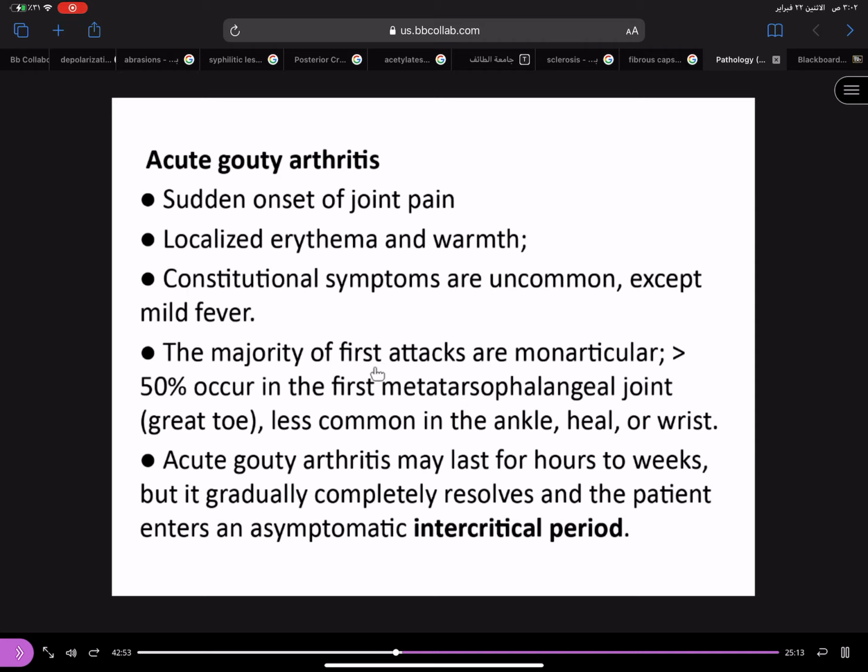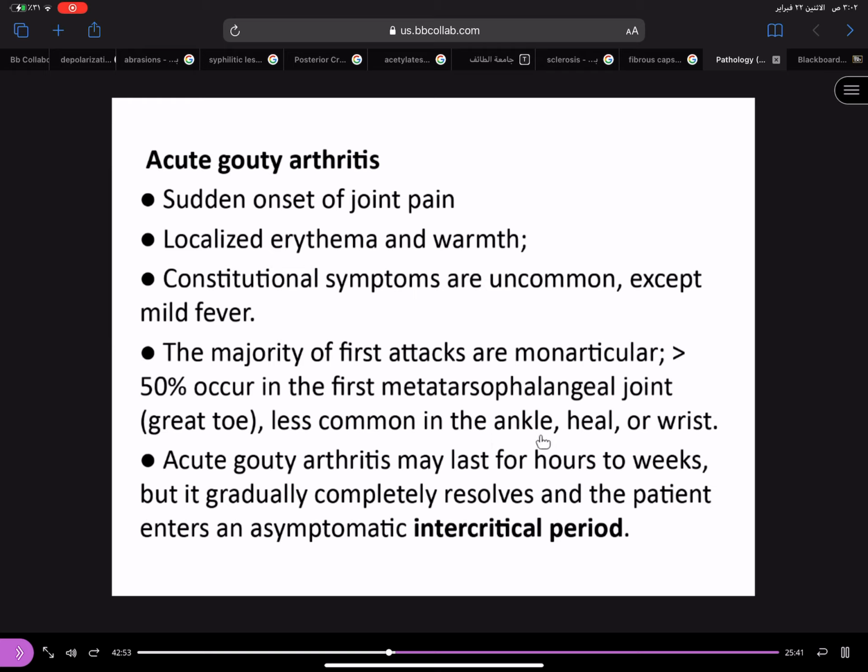The majority of first attacks are monoarticular, meaning only one joint is usually affected. And 50% of the time it's the first metatarsophalangeal joint, the great toe. It means the thumb of your foot, the great toe, is affected. Severe pain starts there, and it is less common in the ankle, heel, or wrist.